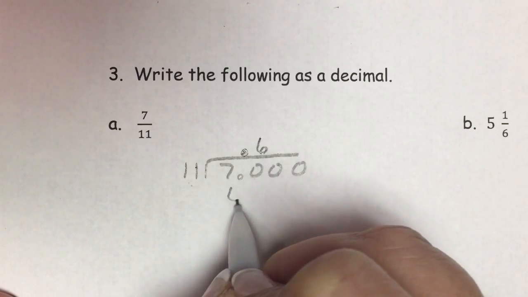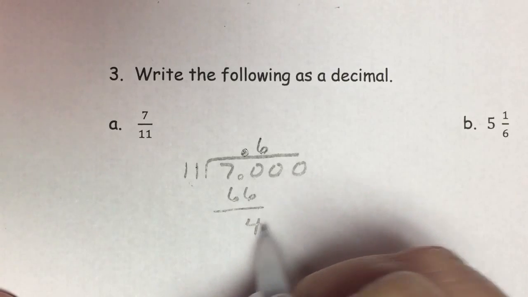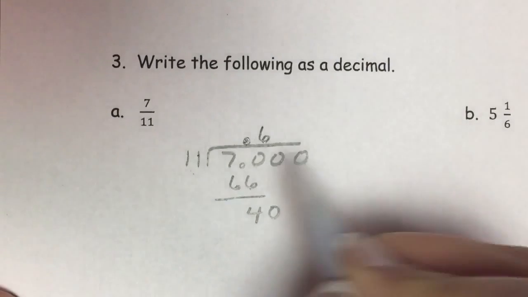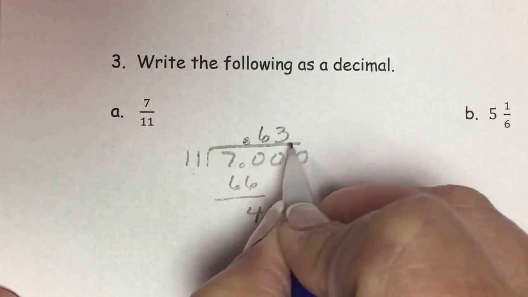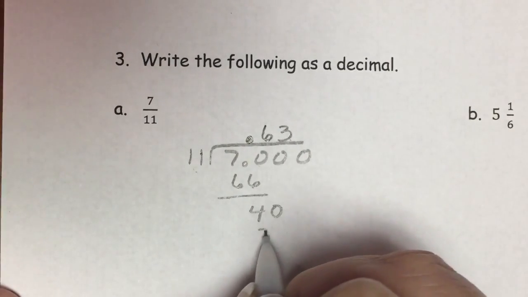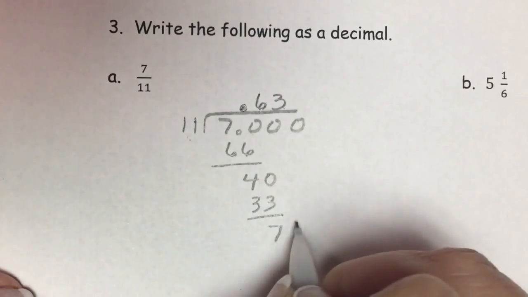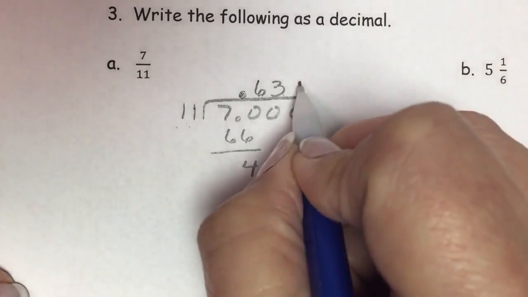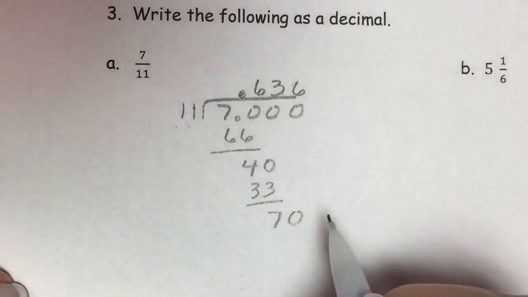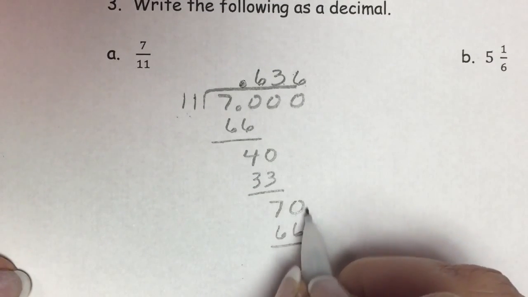6 times 11 is 66. Subtract, you get 4. Bring down the 0. 11 goes into 40 3 times. 3 times 11 is 33. Subtract, you get 7. Bring down a 0. 11 goes into 70 6 times. I bet you can see what happens. 6 times 11 is 66.